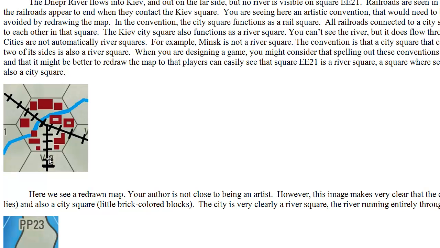Furthermore, you can only change rail lines at junctions, and it is clearly shown that there's a junction here, so you can proceed down to here and then straight down, or you could proceed from up here down to here and then the other way. So by redrawing the map as indicated, you have improved the clarity.